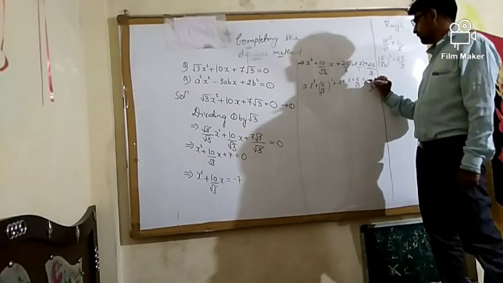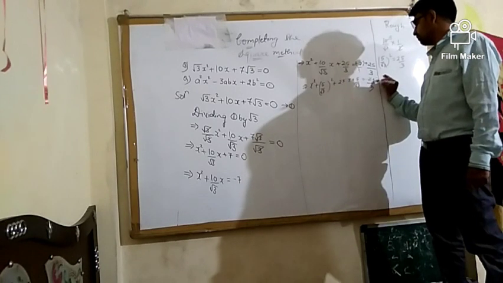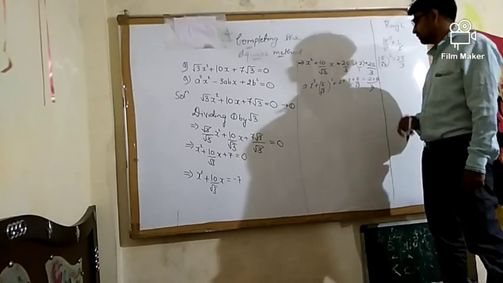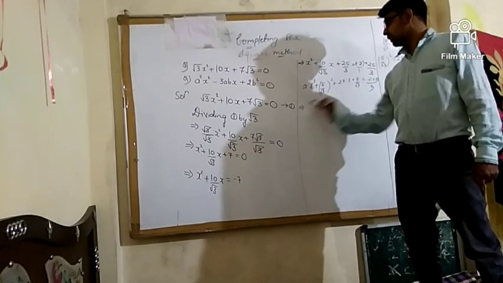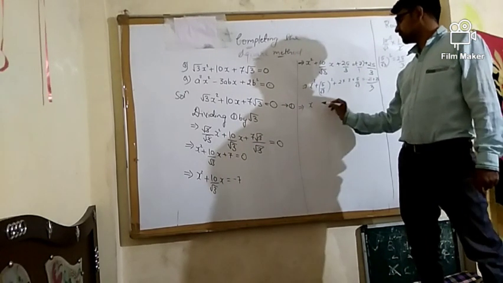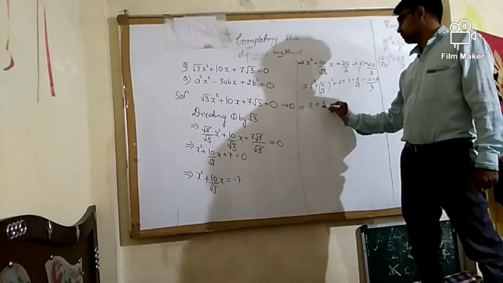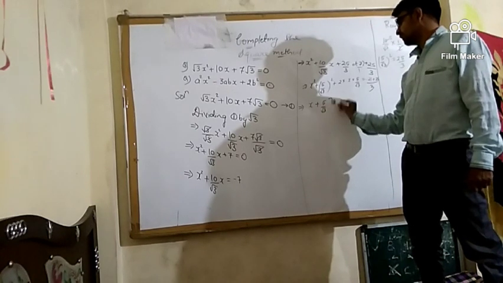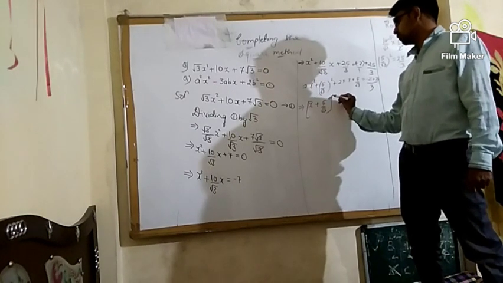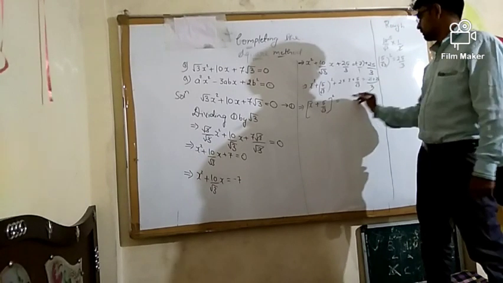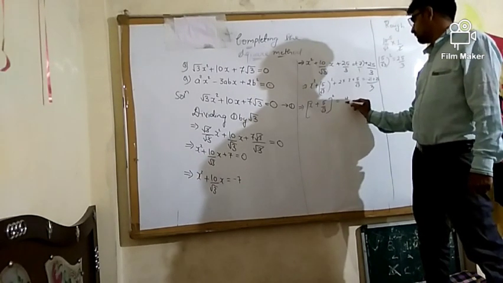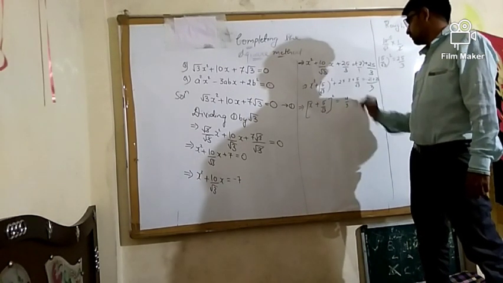So I can get minus 21 plus 25. Okay. Now I can write this as x plus 5 by root 3 whole square, and here I can write it as 4 by 3.